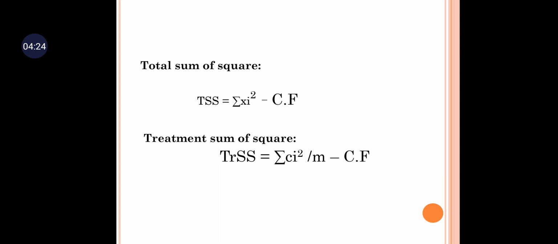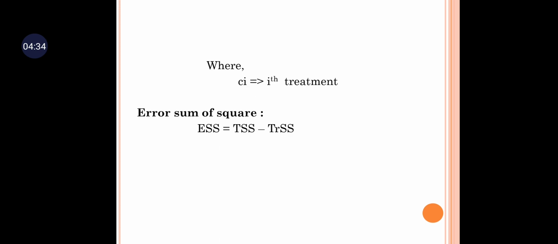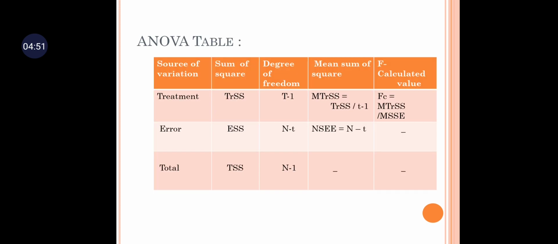The treatment sum of squares TrSS is equal to the summation of C i square divided by m minus CF, where C i is the ith treatment total. The error sum of squares ESS is equal to TSS minus TrSS, total sum of squares minus treatment sum of squares.